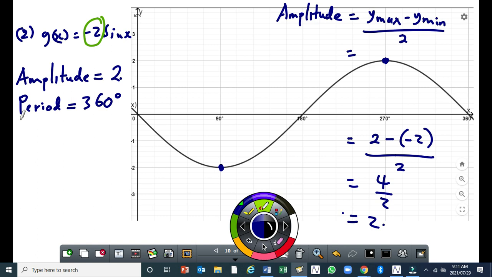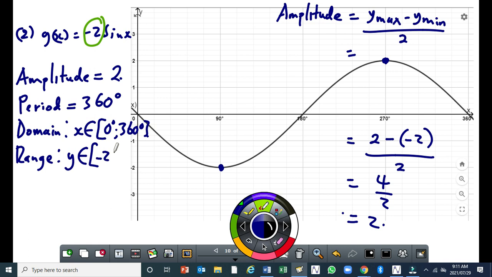The domain: our x values start from x equal to 0 degrees up to 360 degrees. And the range: our minimum value is -2, so y is an element from -2 up to +2. Now, I'm sure you can see that this graph starts with a minimum turning point as compared to a maximum turning point.